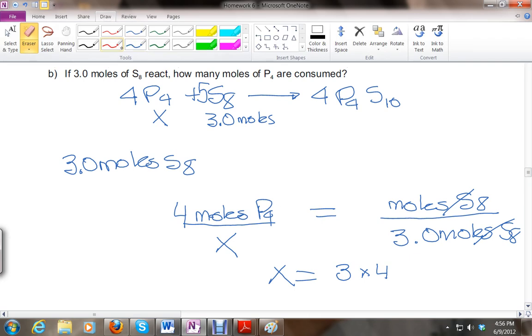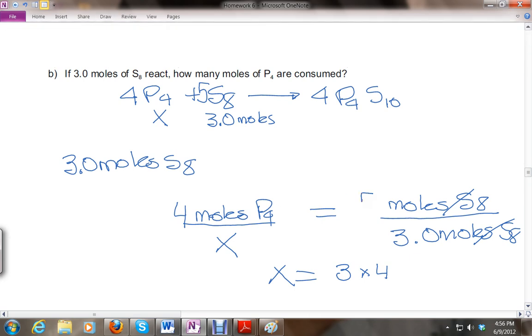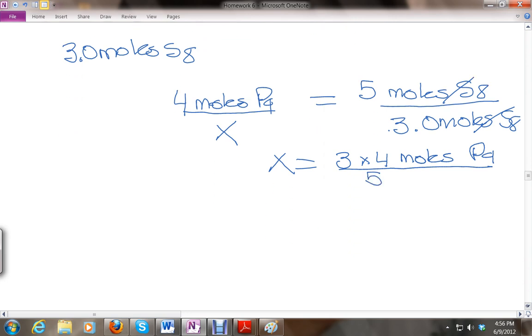Okay, so it's gonna be 3 by 4 divided by 5. 3 by 4 moles of P4, that's what we're trying to find out, divided by 5. Again, the units are canceled out.